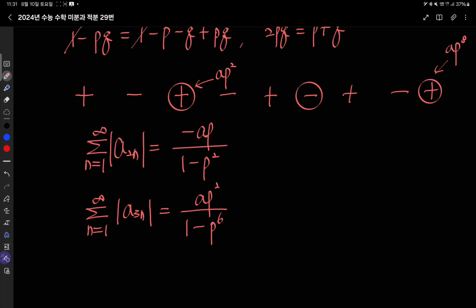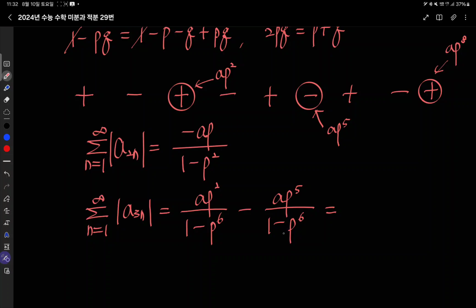And for the even multiples of 3, like this, because they are negative, if we open the absolute value, the sign should be negative. And then the first term is A times P to the 5th power, and the common ratio is P to the 6th power.